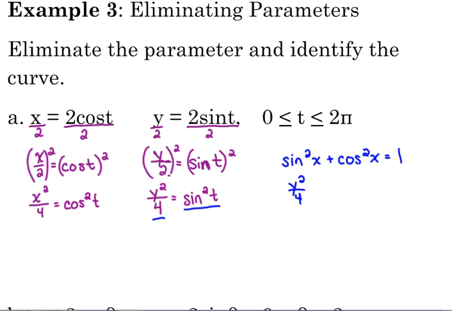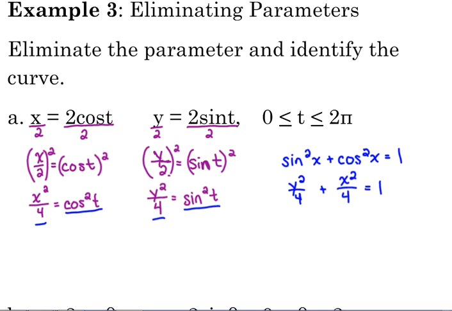So I'm going to replace sine squared of t, you can change the variables. Nothing crazy going on there. Cosine squared is equal to x squared over 4. So we're doing a substitution, but it's not exactly like the substitution when we first started eliminating parameters. And that's equal to 1.